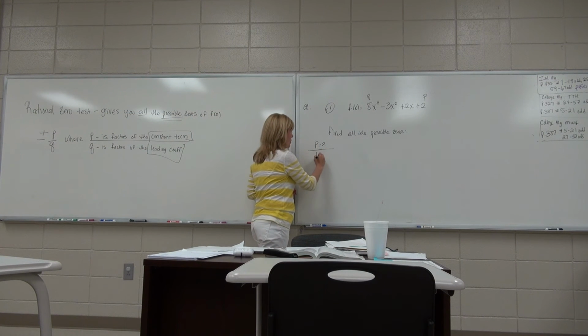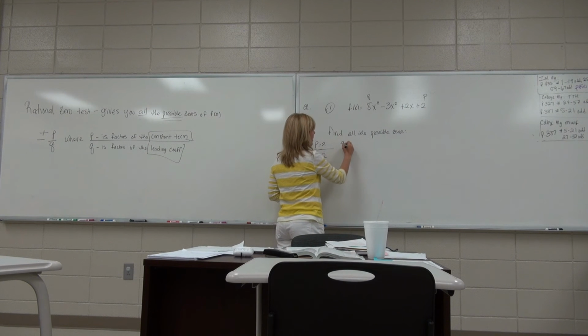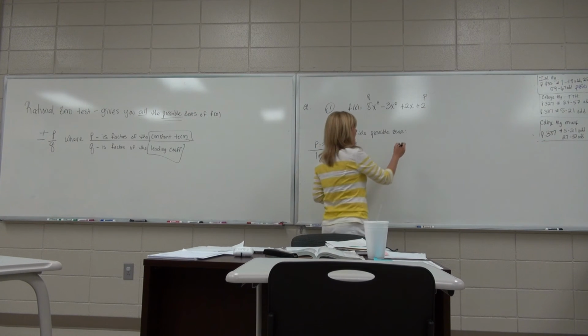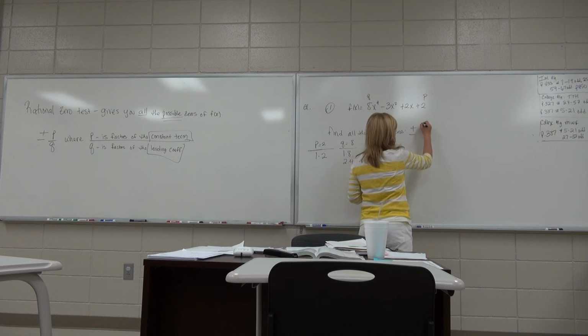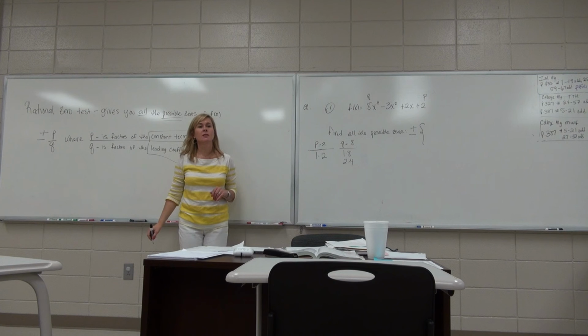Okay, so P is 2. So factors of P are 1 times 2. Q is 8. My factors of 8 are what? 1 times 8 and 2 times 4. So when I write my possible zeros, plus or minus P over Q, I want you to listen.